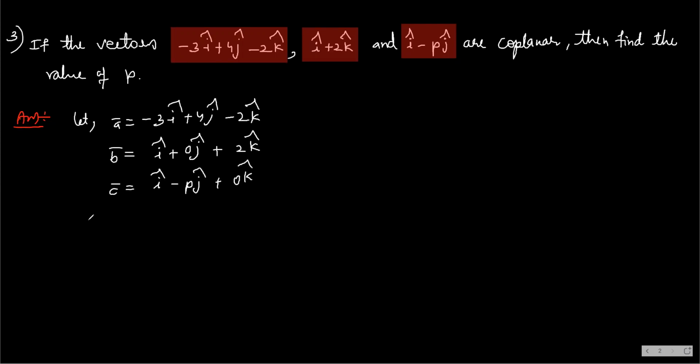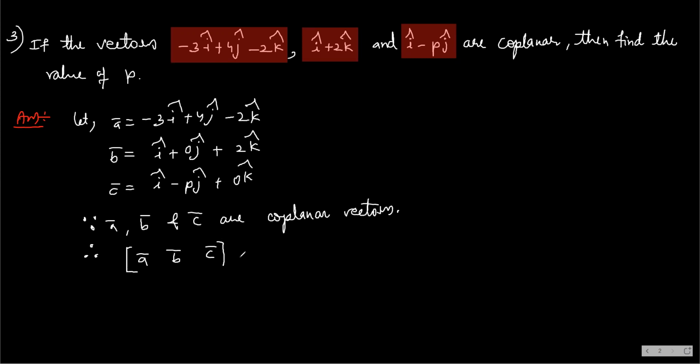Now I will write, since a bar, b bar, and c bar are coplanar vectors, and we have done this in the property, when three vectors are coplanar, therefore box of a bar, b bar, c bar will be equal to 0.